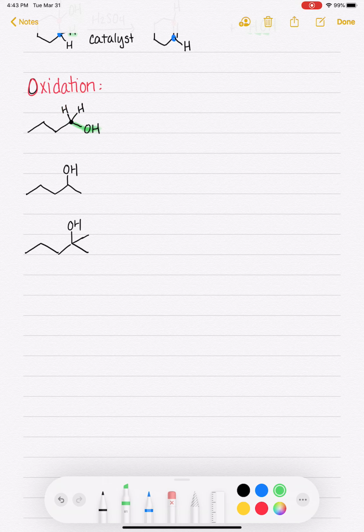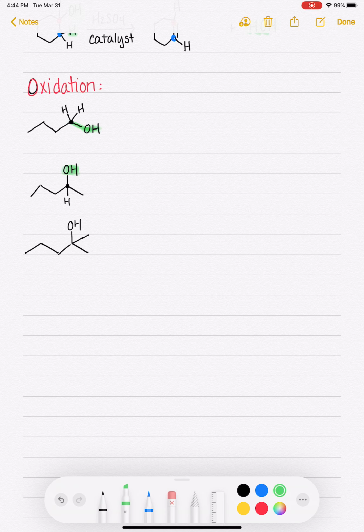The second type of alcohol that I drew has the OH group inside, in the middle of the chain. So it's not at the end of the carbon skeleton, it's somewhere in the middle. And this OH group is attached to a carbon that has only one hydrogen attached to it. So these two are different.